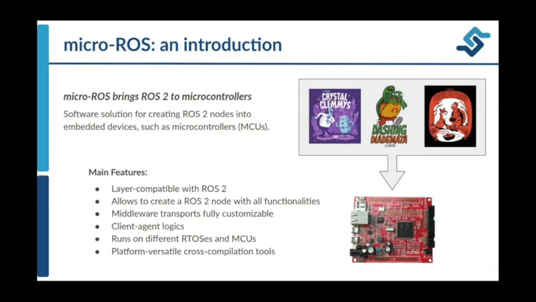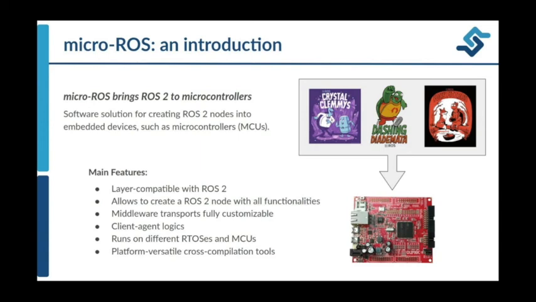The main features of micro-ROS are full layer compatibility with the ROS2 architecture, which we will see in the next slide. Also, the possibility of creating a ROS node with full ROS2 functionalities, such as publish, subscribe, service call, timers, executors. All of these are present in micro-ROS. Also, as we have seen, the middleware transports are fully customizable.